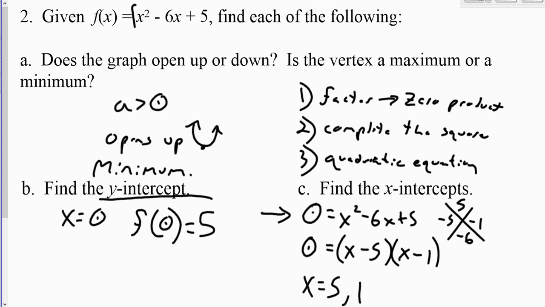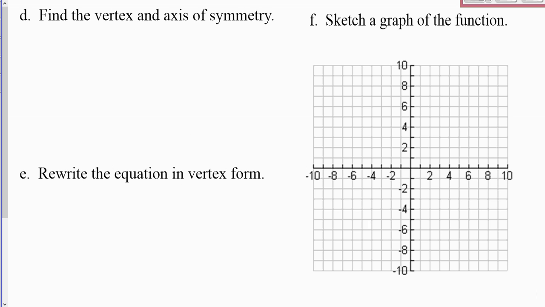If they're x-intercepts, let's put those values as points. When x is 5, my y is 0, and when my x is 1, my y is 0 as well.